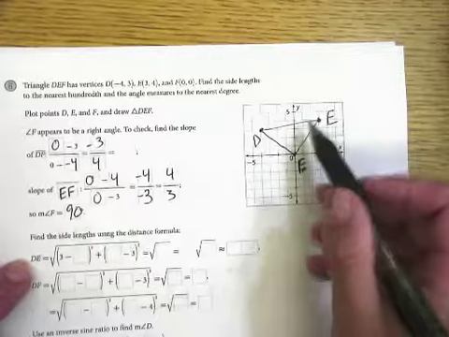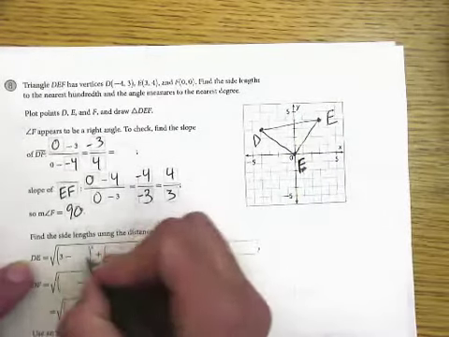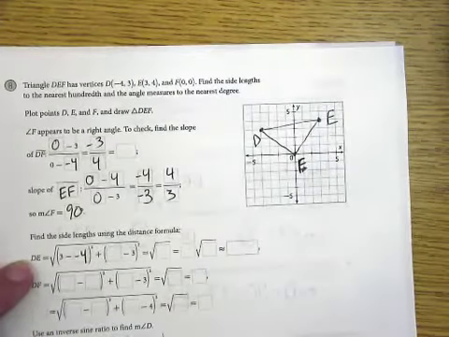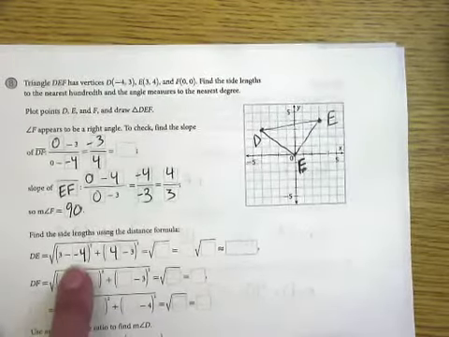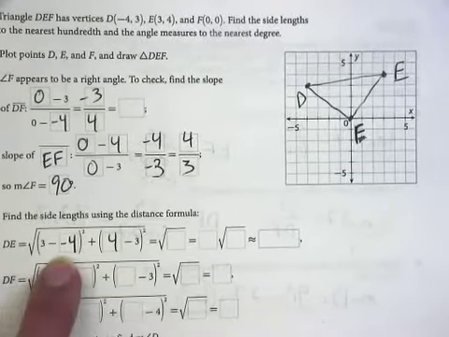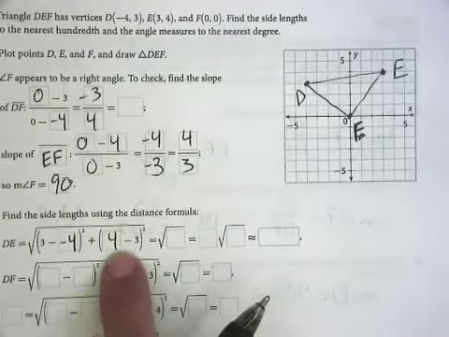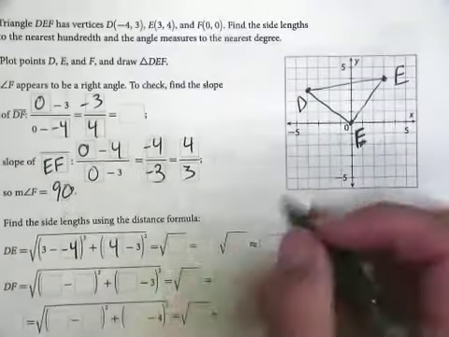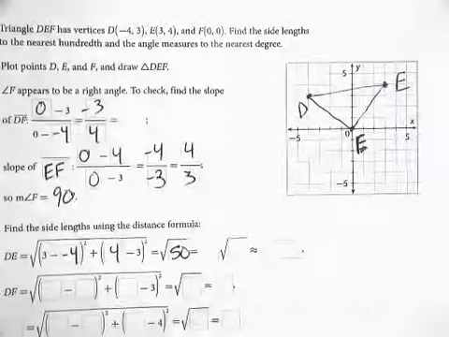Now we're going to find the side lengths using distance formula. DE, that's the segment here, is 3 minus -4 squared plus 4 minus 3 squared. So 3 minus negative 4 is 7 squared is 49, plus 1 squared is 1.